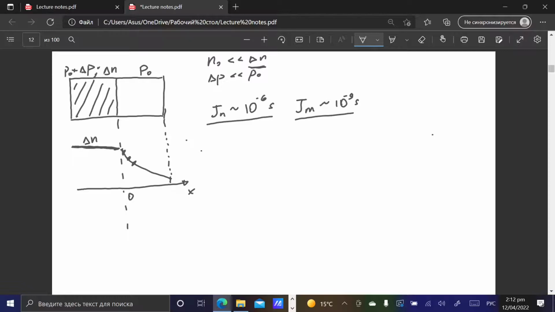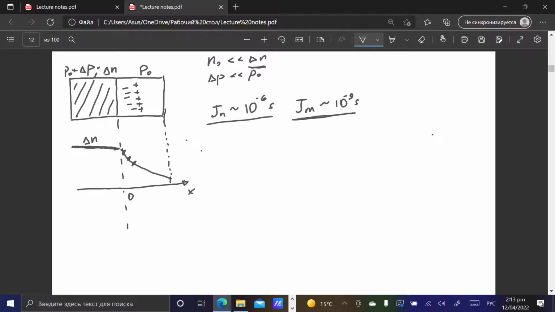So if we inject minority charge carriers, electrons, it's some negative electric charge, and as it diffuses deeper, then within the Maxwell relaxation time it will be compensated by majority holes, and we will not have any space charge in this dark part of the semiconductor.